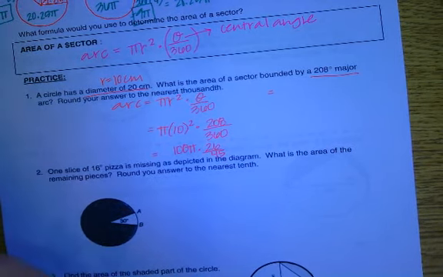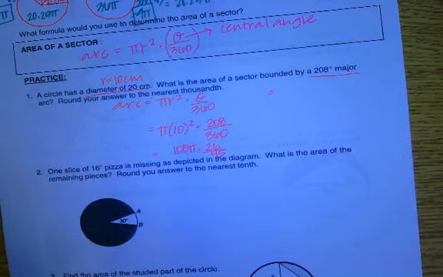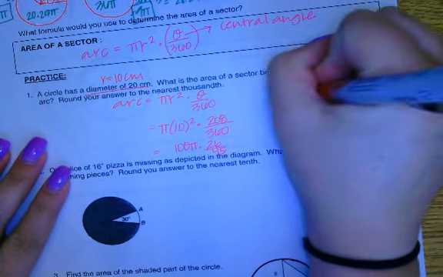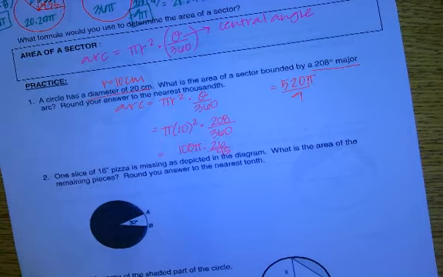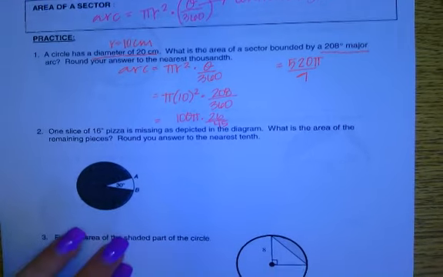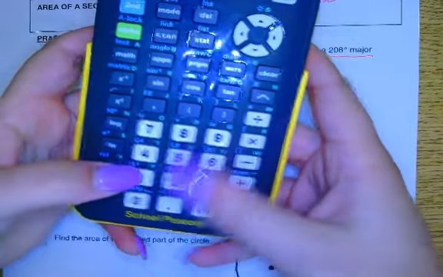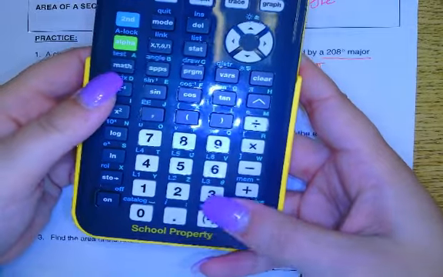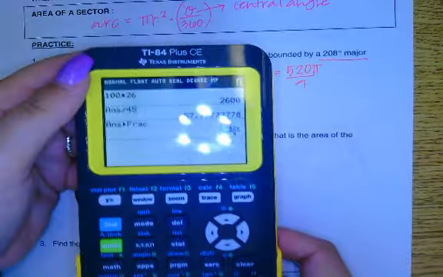What did you say, Rajul? 520 pi over 9 is what you should have got. Wait, how do you find that? 100 times 26 divided by 45.